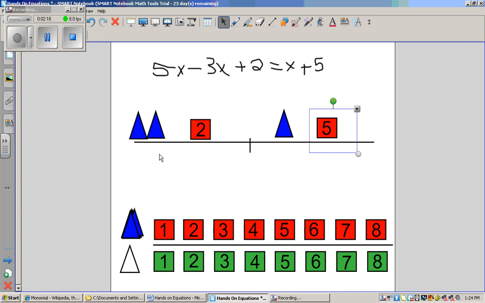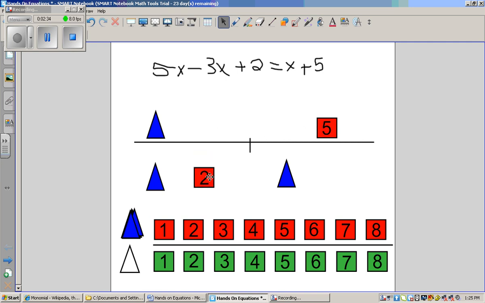Starting with your variables, you can take away an x from both sides. Then you look at your number cubes because we do not have any more variables on both sides. I can take 2 away from both sides. If I take away 2 here, and if I take away 2 here, I'm left with how much? 3. I can exchange that for the 2 I took away because 2 plus 3 equals 5. So now I can look at it and say x equals 3.